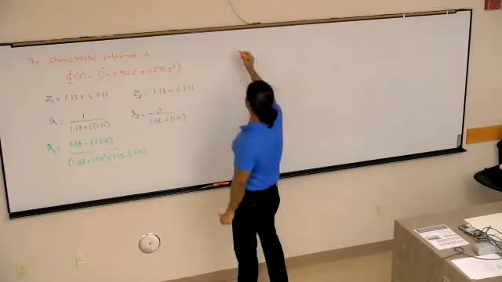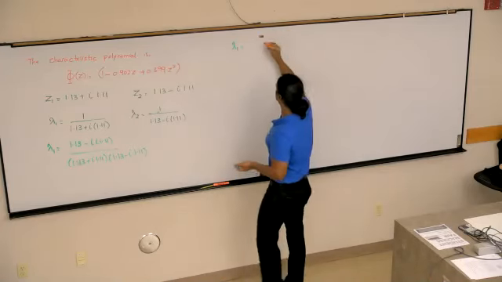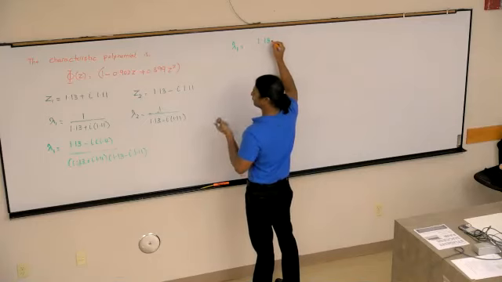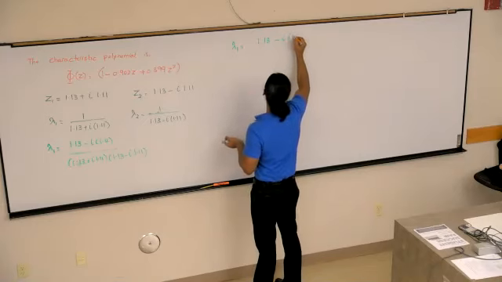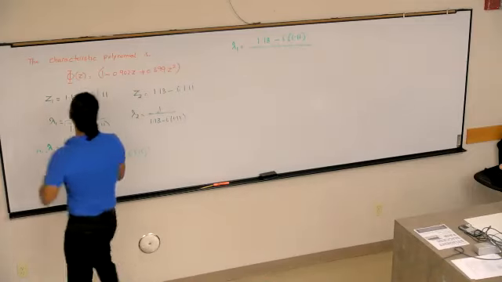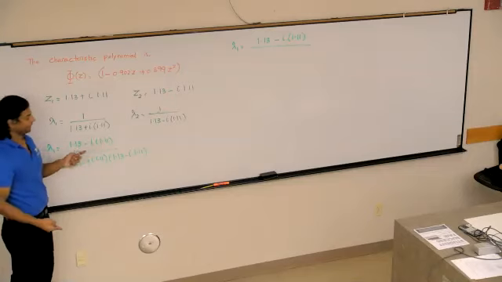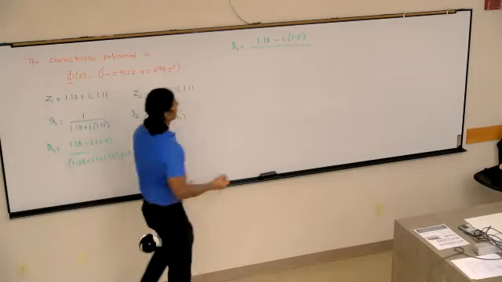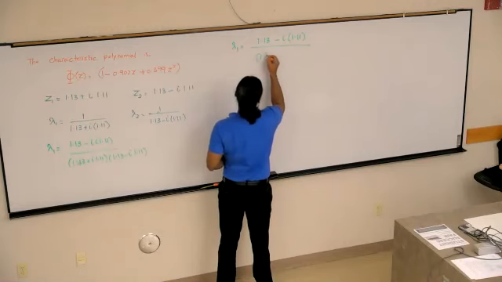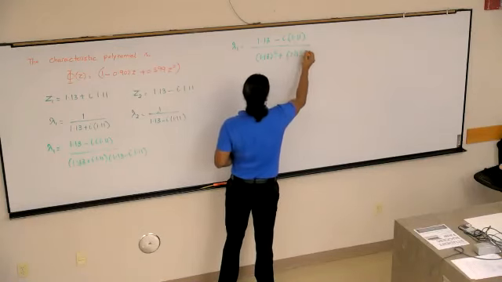Good. So the denominator, if you FOIL, would simply end up being the real part squared plus the imaginary part squared. It'll just be the magnitude. So you would have 1.13 squared plus 1.11 squared.